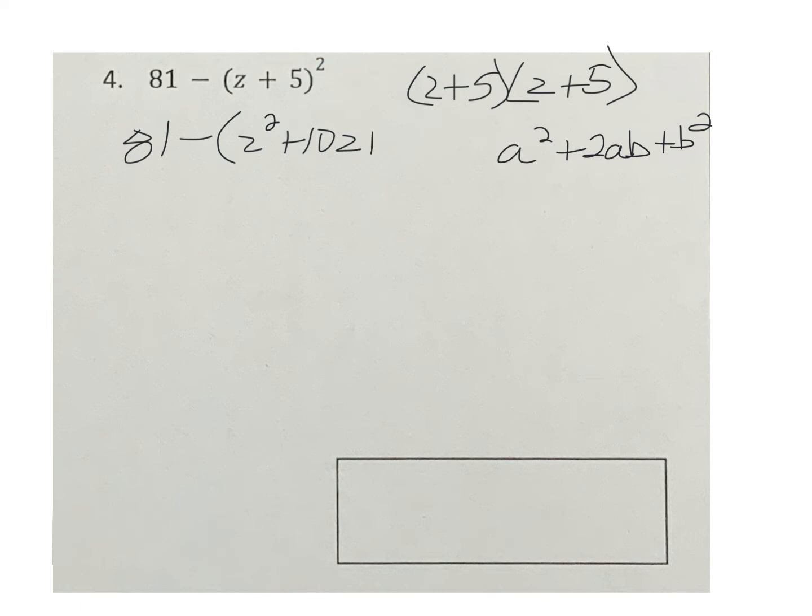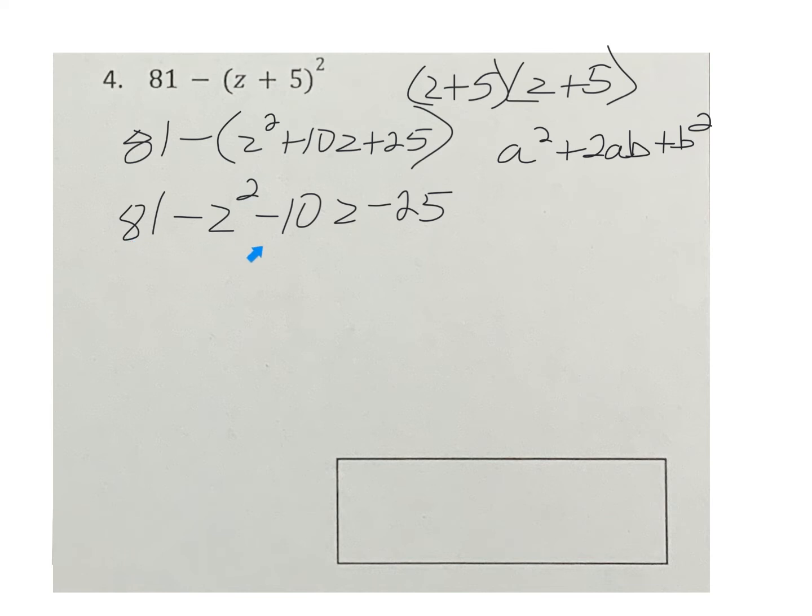So plus 25, okay? But now we have this minus sign that has to be applied to every one of these terms in this trinomial. So we have 81 minus z squared minus 10z and minus 25.